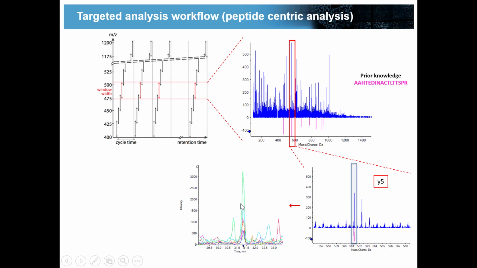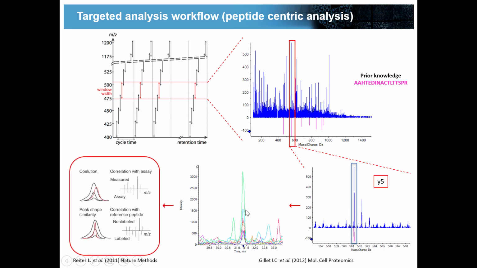So now we're back to something that looks a little bit like SRM data, and we roughly know how to interpret this. This is going to be the topic a little bit more of tomorrow's talk, but we can do things like check the coelution, whether all these transitions coelute with each other. We can check the relative fragment ion intensities versus some prior knowledge.